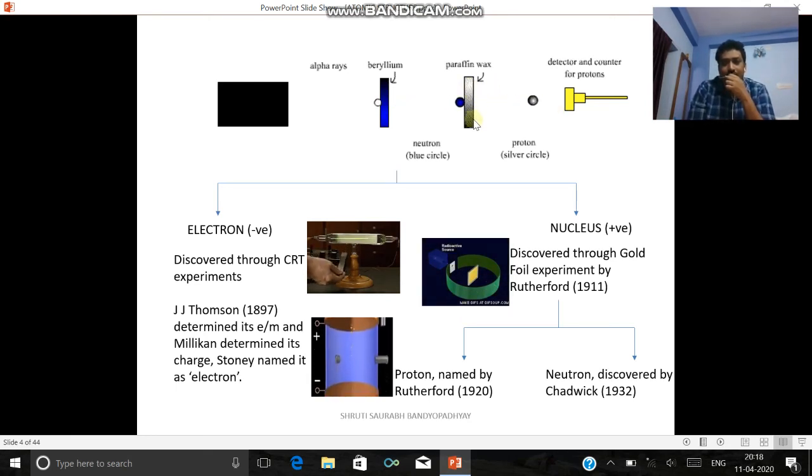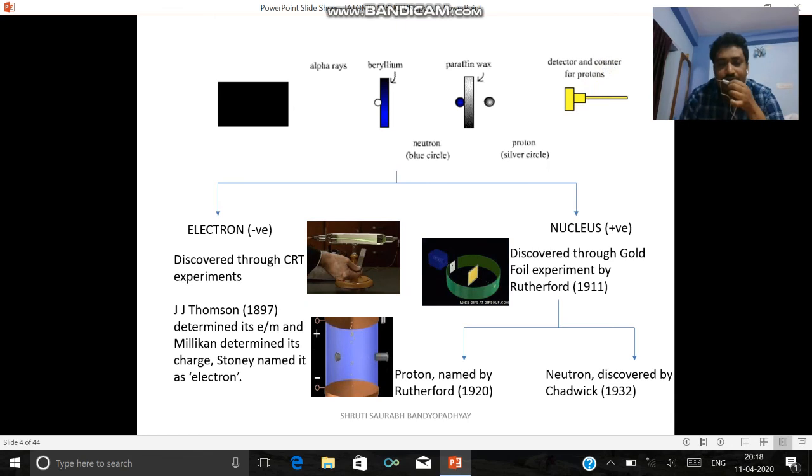By using this paraffin wax, he applied some conservation of momentum principle to determine the mass of this blue particle. You see, the blue particle is hitting this paraffin wax, and paraffin wax is emitting this silver circle, that is the proton, and proton is detected and counted by this counter.